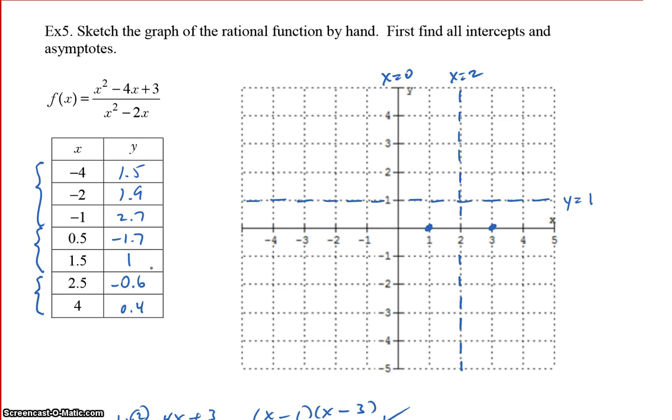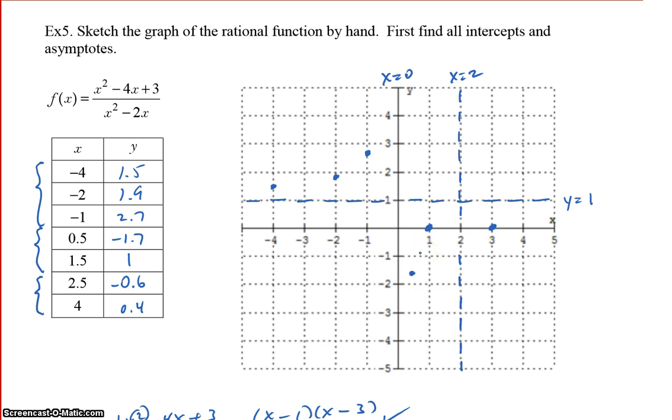And then I'll do my best to plot these points. So we have negative 4, 1.5. Okay, that would be about there. Negative 2, 1.9. Okay, that would be about there. Negative 1, 2.7. That would be approximately there. 0.5, negative 1.7, about here.